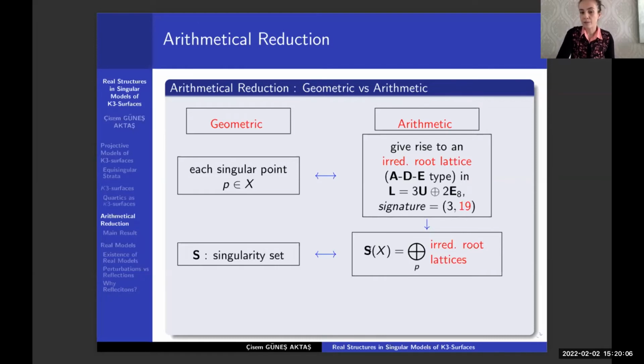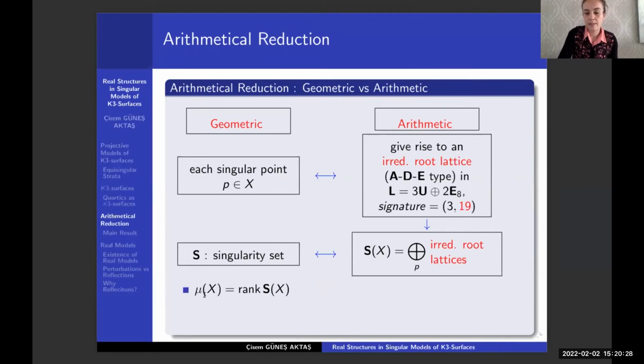That's why I denote it by the same letter. And this lattice S is the orthogonal sum of the irreducible lattices coming from each singular point. So this is the correspondence between the geometric problem and the arithmetical problem, and how we did the arithmetical reduction.